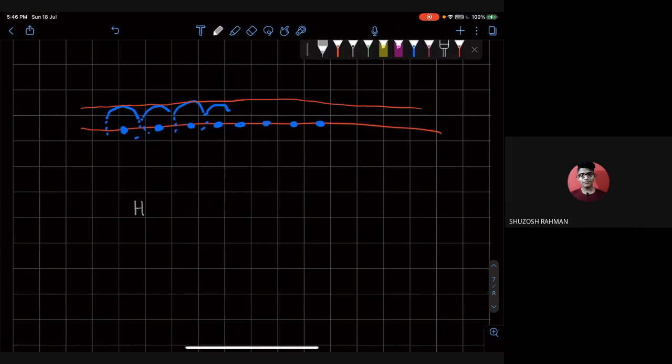Only for a very limited number of Hamiltonians can you find this propagator exactly. One of them, of course, is the free particle, when the Hamiltonian is just p squared by 2m. Another one would be the simple harmonic oscillator, which hopefully we will do sometime.